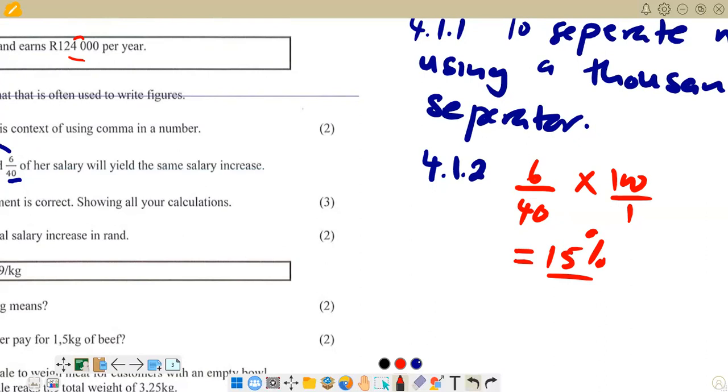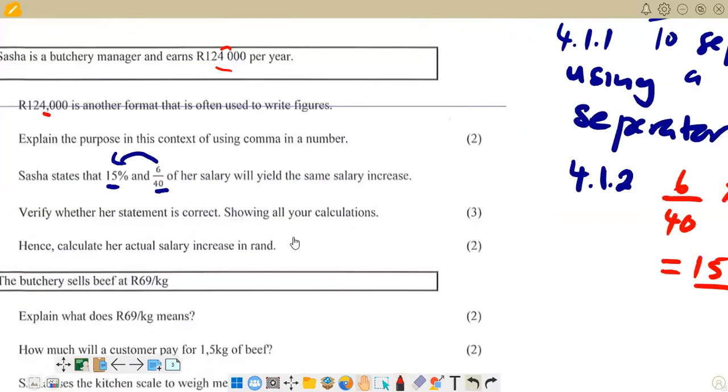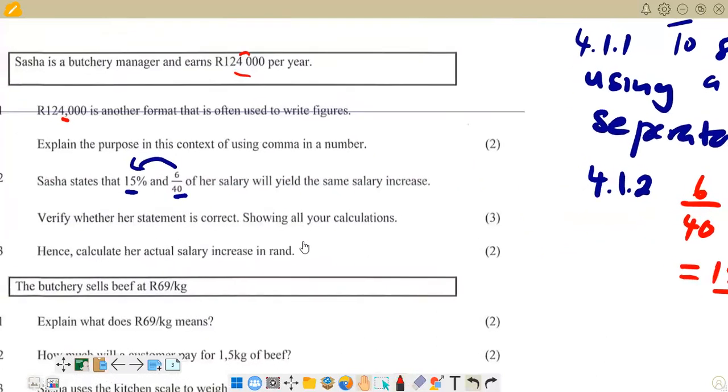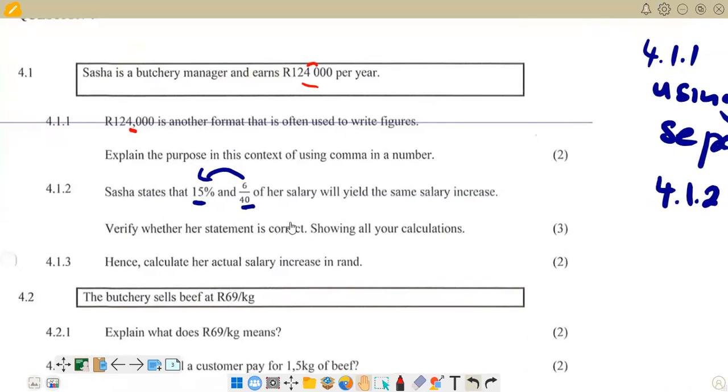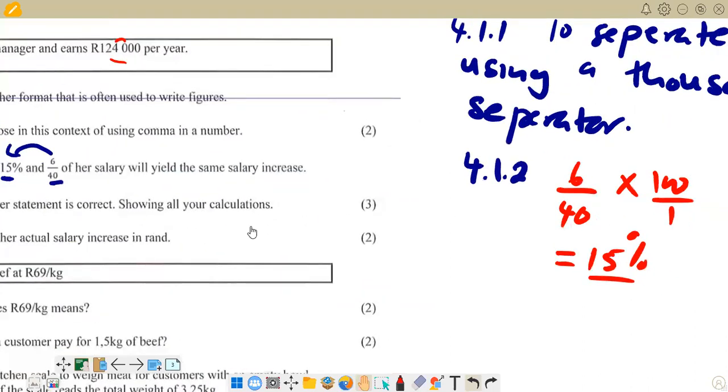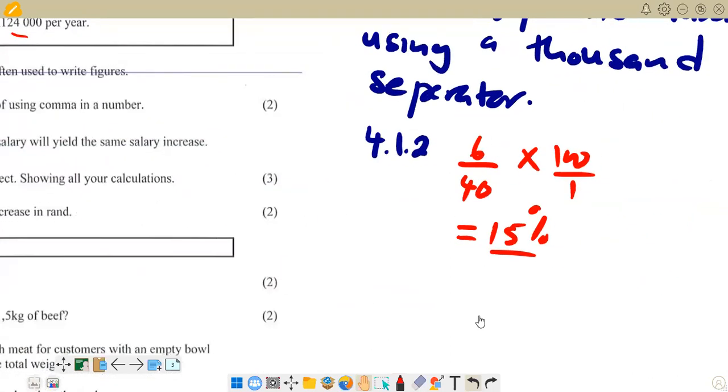We can go back to recheck exactly what the question is asking us. The question is saying, verify whether the statement is correct. Show all your calculations. So we have shown the calculation, and the statement is correct. You can just make a conclusion beneath that to indicate that the statement is really correct.